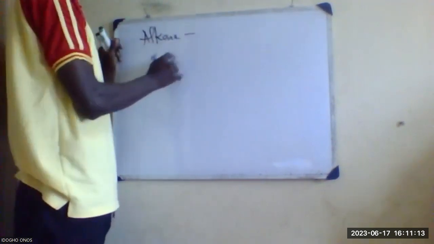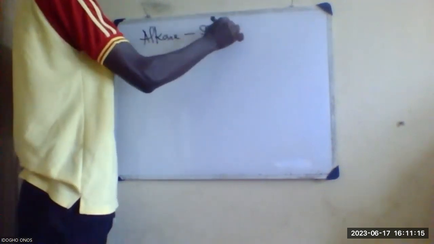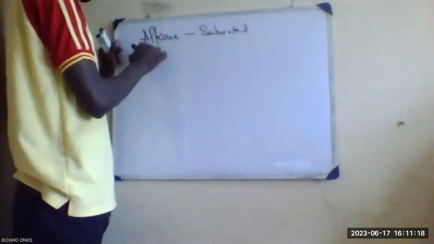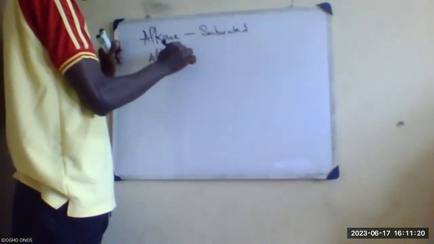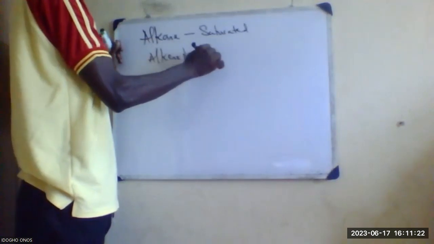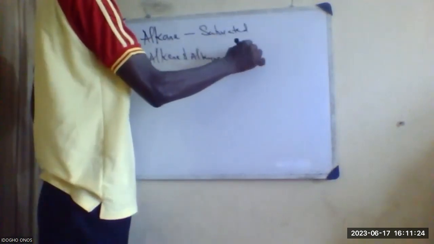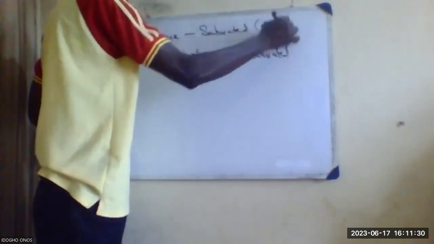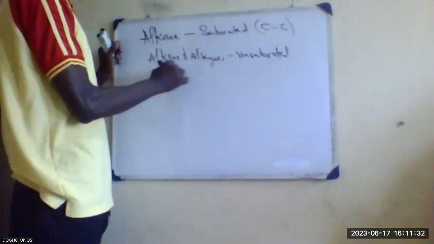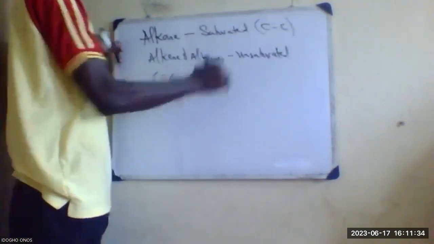For example, for alkanes, the functional group is that they are saturated hydrocarbons, while alkenes and alkynes are unsaturated hydrocarbons. Saturated simply means carbon single bonds, while alkenes have a double bond and alkynes have triple bonds.